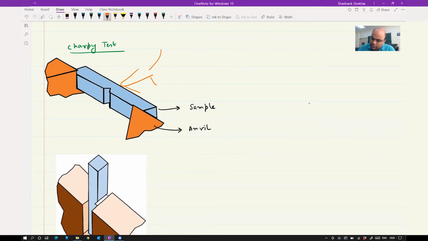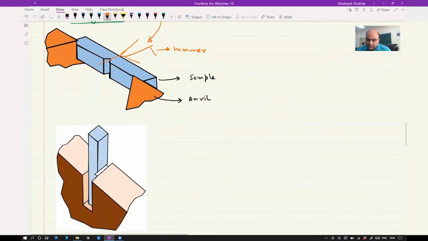So this is your hammer. You are going to release the pendulum from this side and it is going to hit the surface which is opposite to the notch. Okay. And your notch will be placed like this on the side of the anvil. Okay. So you are going to see fracture occurring in this particular region here. So this is how the sample is placed in the Charpy test.